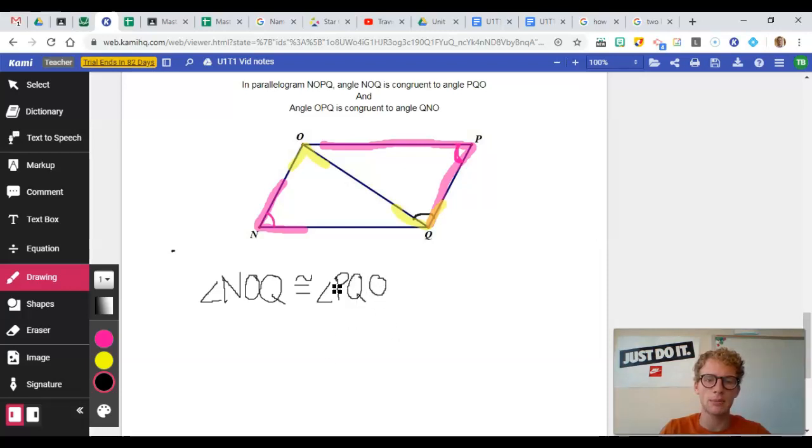And it would be the same thing for the other. Angle NOQ is congruent to angle PQO. It's a sentence. You read it directly left to right, and it's the same thing as written language. So those are three ways to show, and the ways to write, that two angles are congruent.